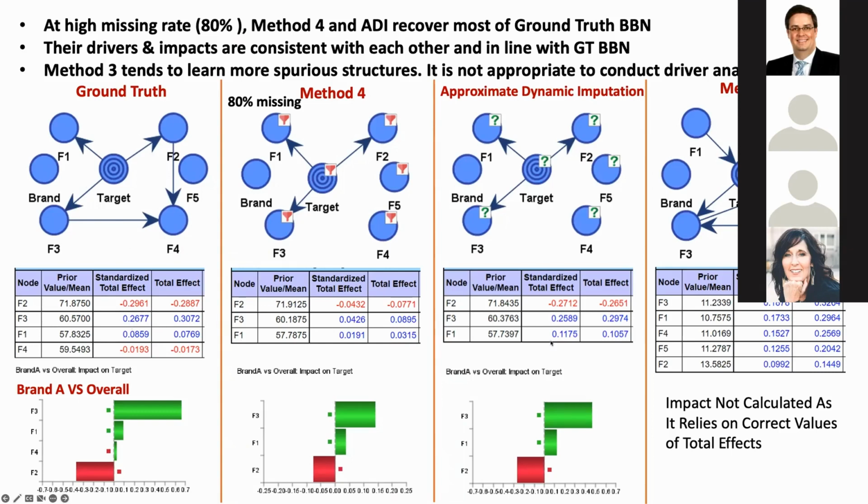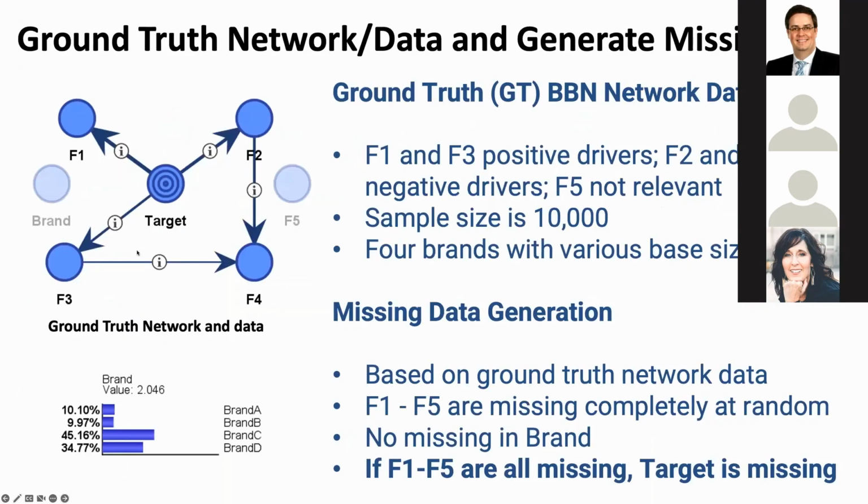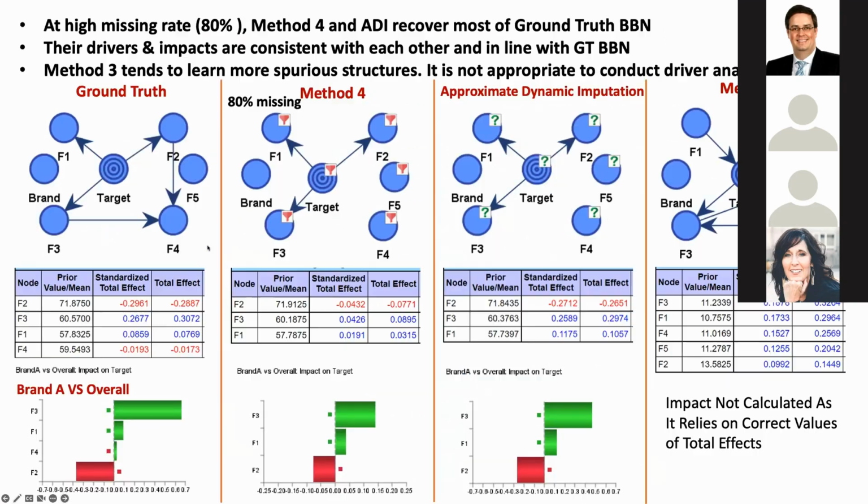If you compare here, I've got one link missing because remember, F4 you see here is the weakest link. If you read the earlier part, F4 has impact through F3 and F2, right? They're really weak links. So this F4 was not picked up at the higher missing rate by these two methods. That makes sense because you have so much missing data here.